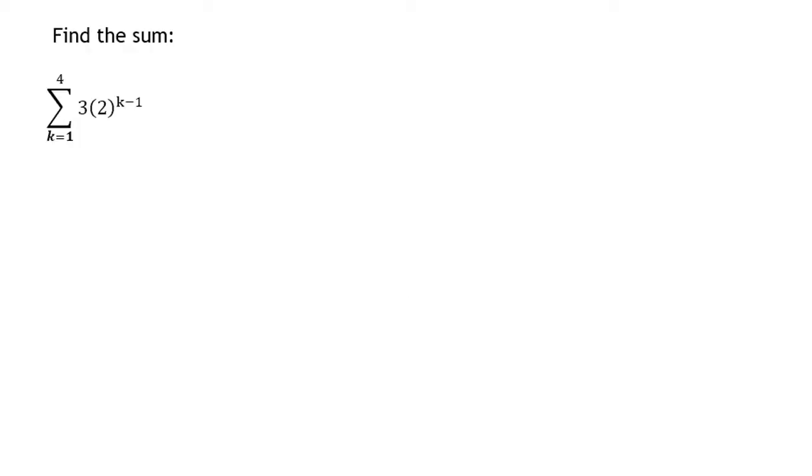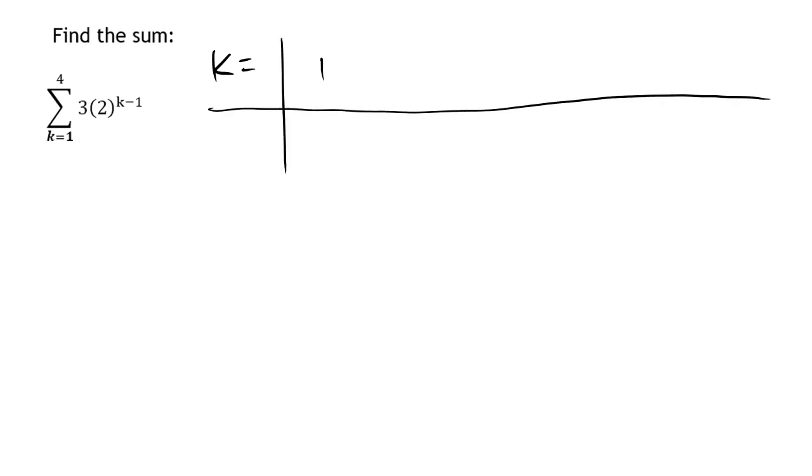So find the sum. It's a few terms. There's only 4 of them here, so I'm just going to create a little listing. So k will take on the following values: k will be 1, it will be 2, k will take on the value 3, and k will take on the value 4.